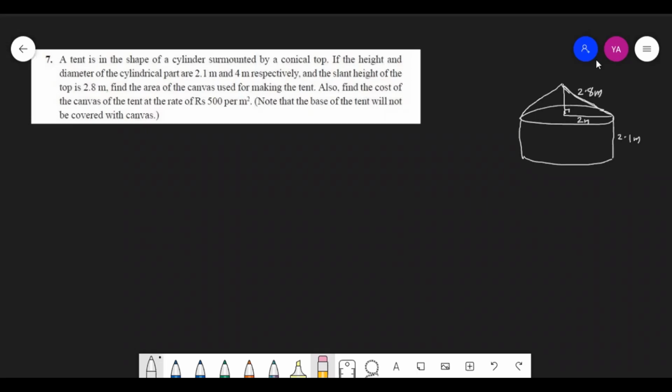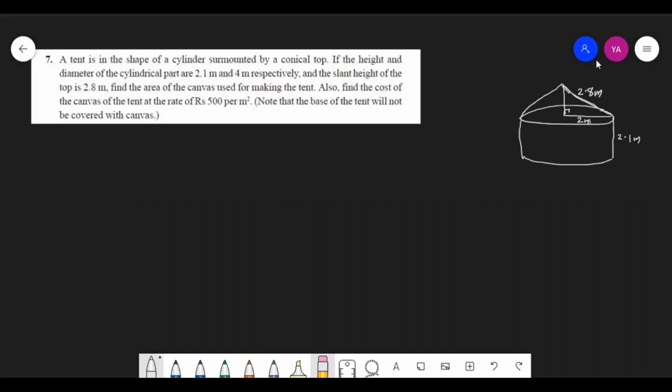So the picture is a cylindrical tent with a top in the shape of a cone. The height of the cylinder is 2.1, the diameter is 4 meter, so the radius will be 2 meter, and the slant height of the cone is 2.8 meter.